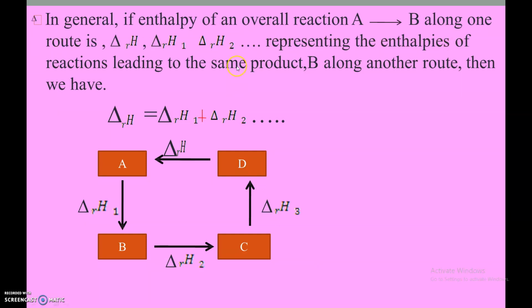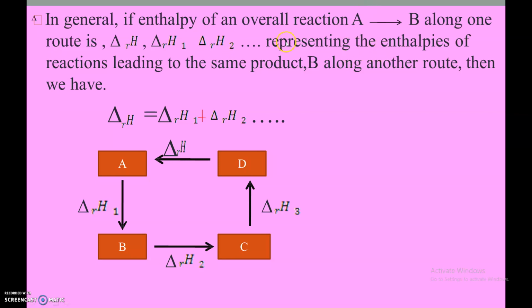In general, if the enthalpy of an overall reaction, where A is the reactant converted to product B, along one route is delta RH, then along another route we can define delta RH1, delta RH2, and as many steps as there are, that many we have to calculate.